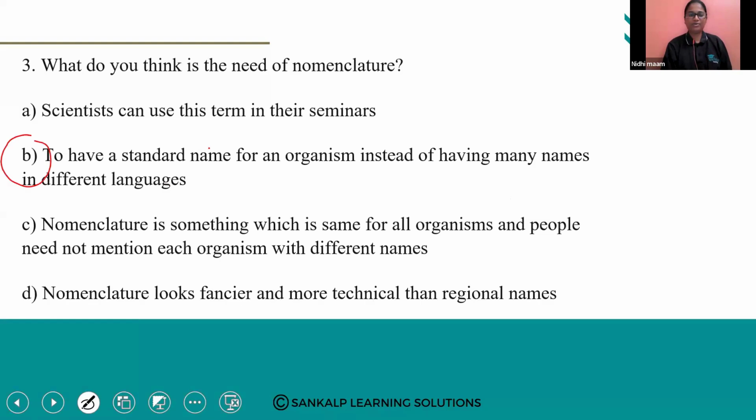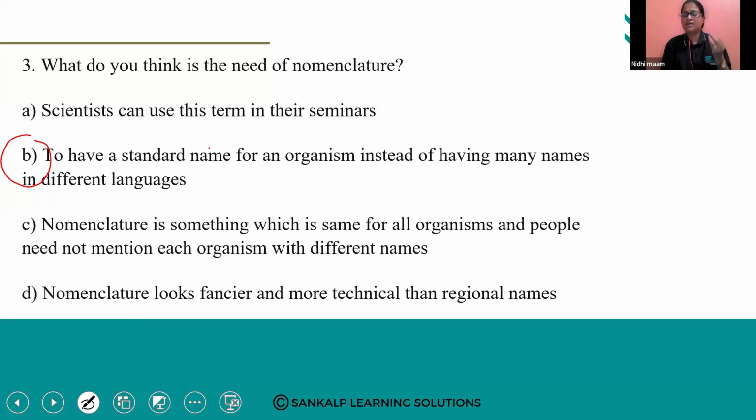When you see the other options, scientists can use this term in their seminars. It is a non-scientific answer, right? Then nomenclature is something which is the same for all organisms, and people need not mention each organism with different names.